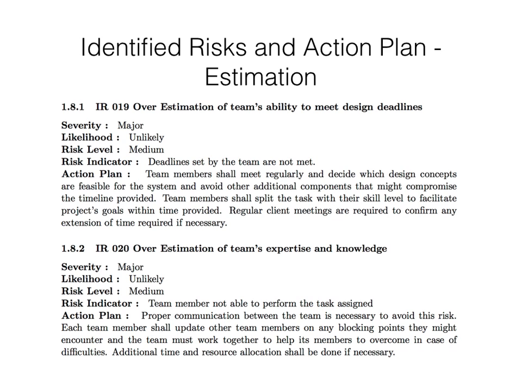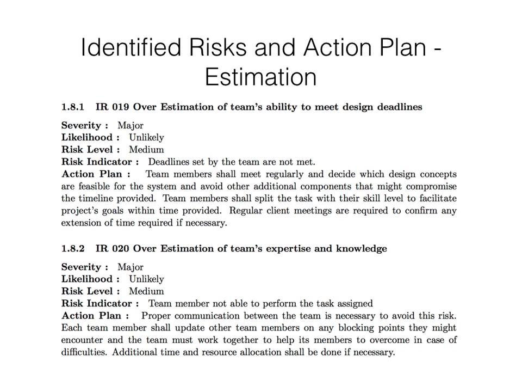The next risk is overestimation of the team's expertise and knowledge. The risk indicator for this case will be a team member or team members not able to perform the task assigned to them.